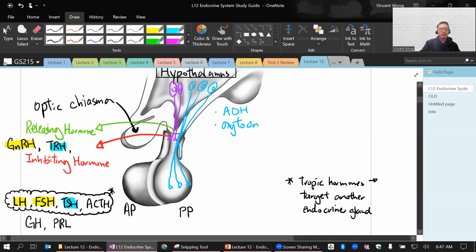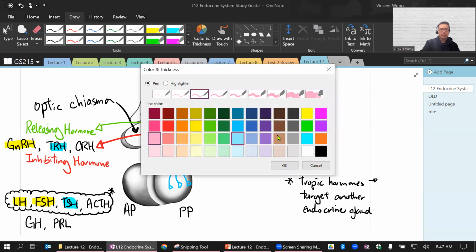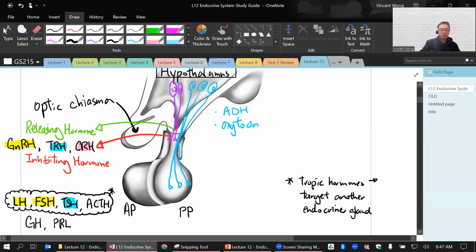And I hope you see the trend here. If I need to release ACTH from the AP, I would need another permission from the hypothalamus, and that would be CRH, cortical releasing hormone. Okay, so each belongs to a particular pathway.